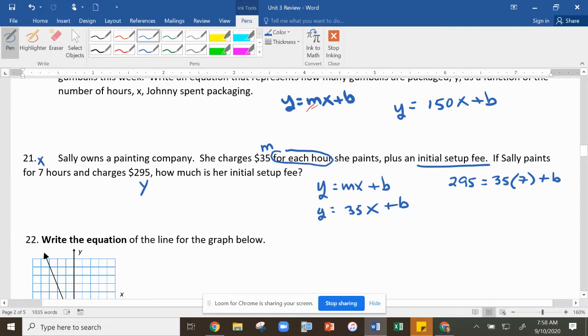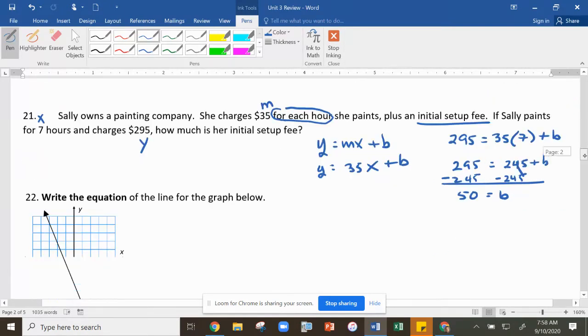So when we take 35 times 7, we get 245. So now we have 295 equals 245 plus b. We're just solving the equation, and now we subtract 245. And so b is equal to $50 setup fee.